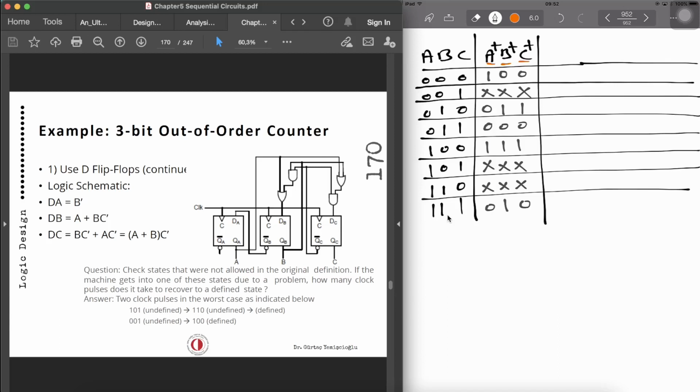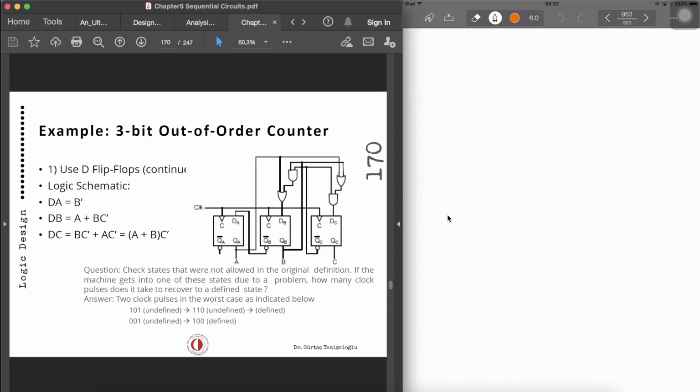Okay, so if we want to implement this 3-bit out of order counter with JK, this is what I'm interested in now. Before we get into the JK state table, let's remember what JK's properties were.